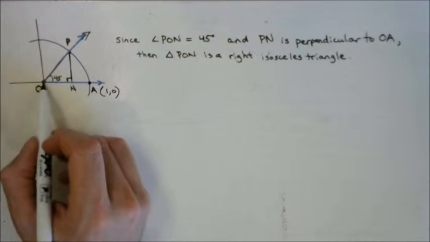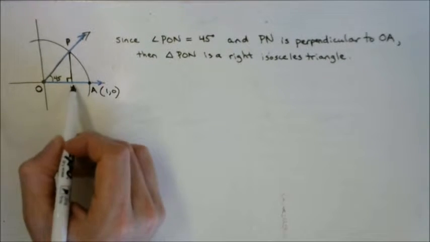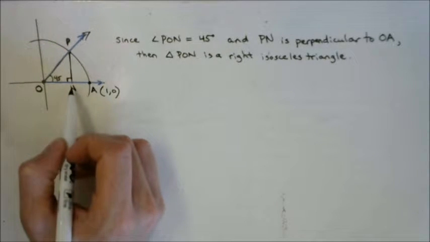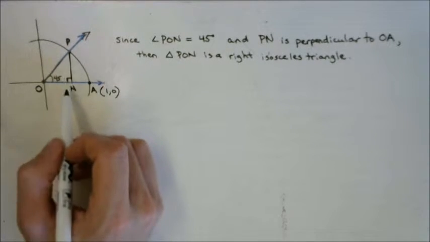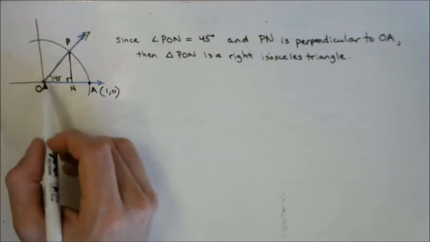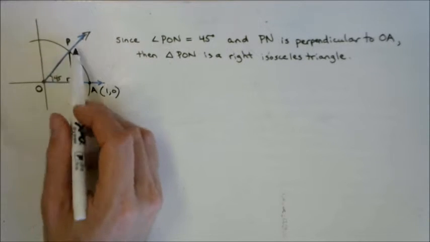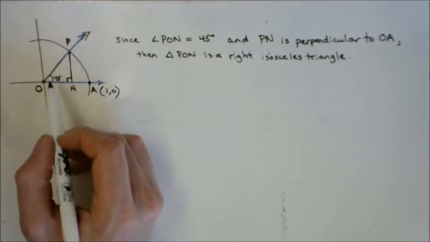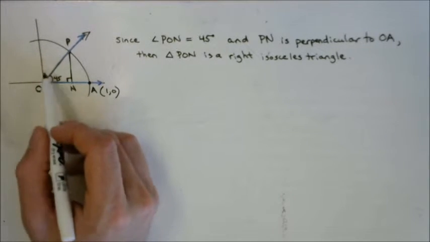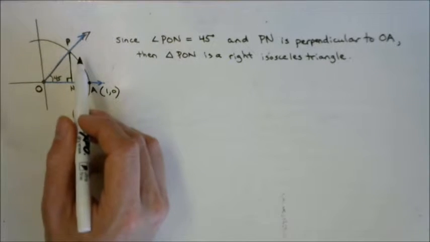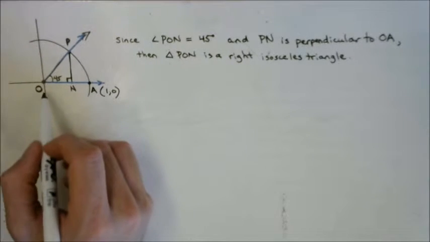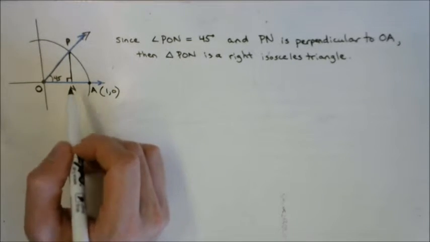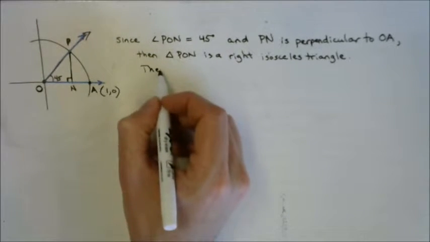What they're saying is that ON has the same length as NP. Okay? ON has the same length as NP. We know that because a 45-degree angle would create a terminal arm that has a slope of 1. Right? So every time you go over 1, you're going up 1. Over 2, up 2. Over 3, up 3. Over 5, up 5. So no matter what you do, ON is going to be the same length as NP, which is what we're writing next.